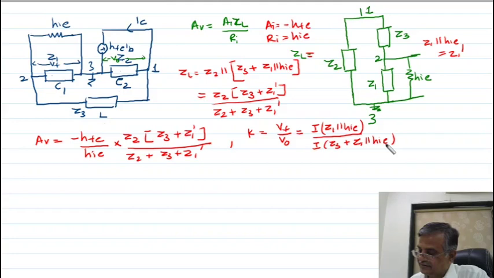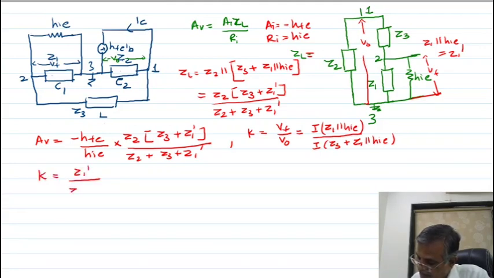This is the feedback voltage. So this is your VO, this is your VF. That's how I have written it. So feedback factor K is nothing but Z1 dash upon Z3 plus Z1 dash.